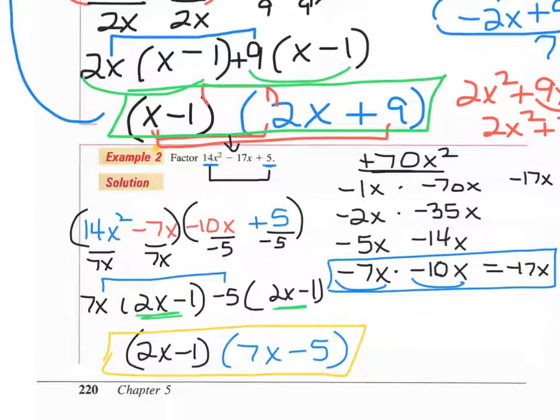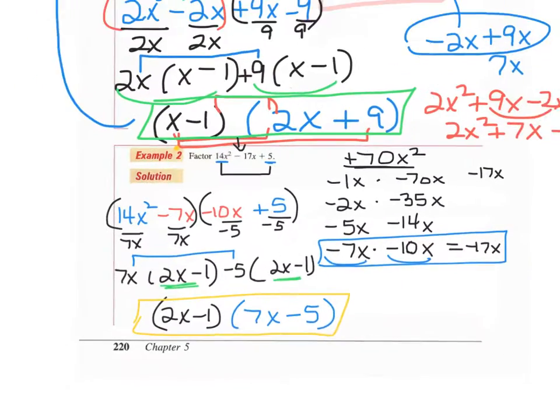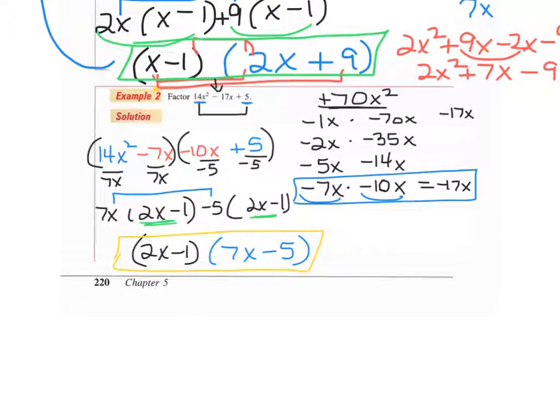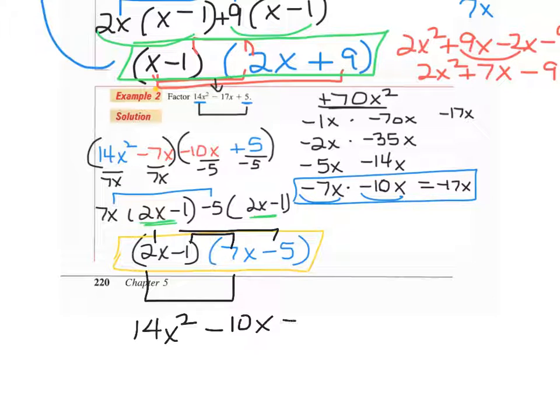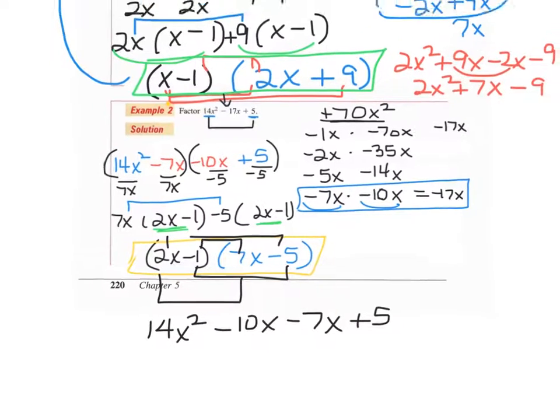Again, I highly recommend that you FOIL. So let's FOIL it, because again, the foiling is going to save you. Okay, maybe you chose the wrong factors. So by foiling this, this will catch any mistakes that we make. So then we get negative 10x, inside gives me negative 7x, and last gives me positive 5.